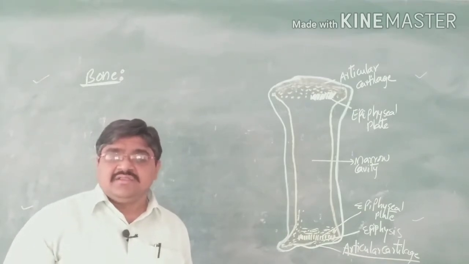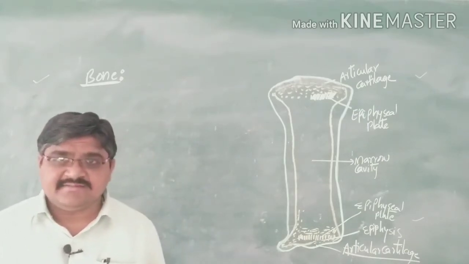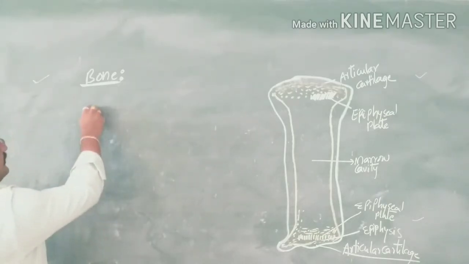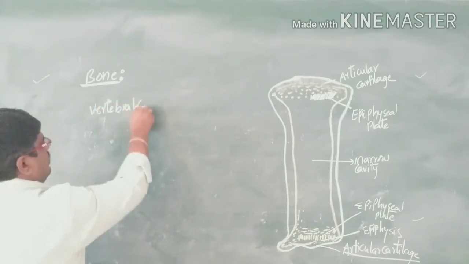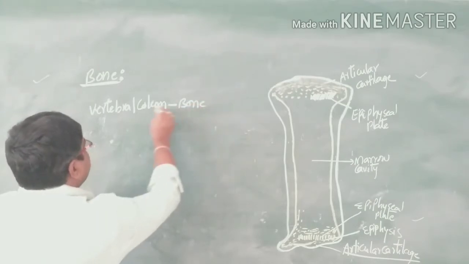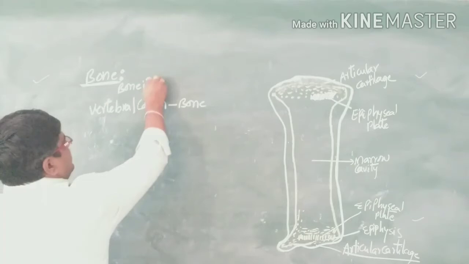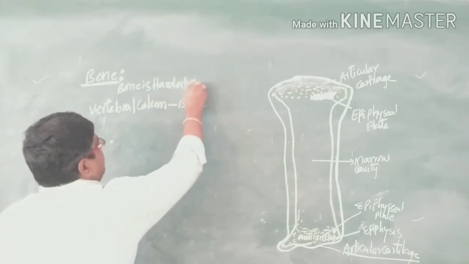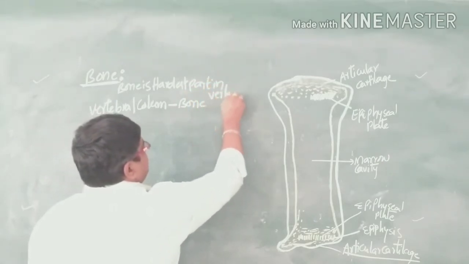That means the vertebral column is made up of bone only in all vertebrates. Bone is the hardest part present in vertebrates.